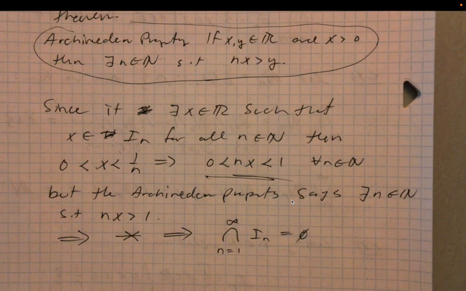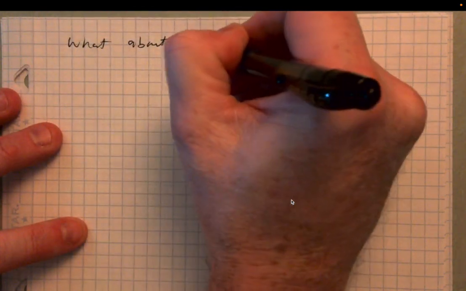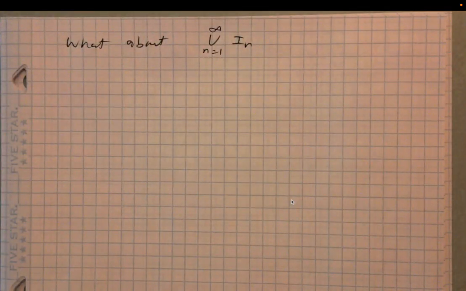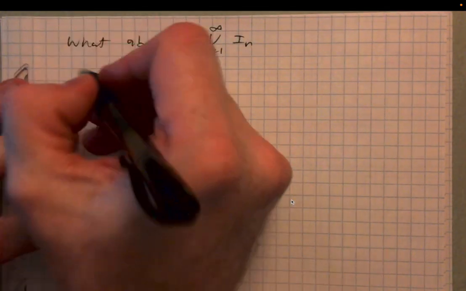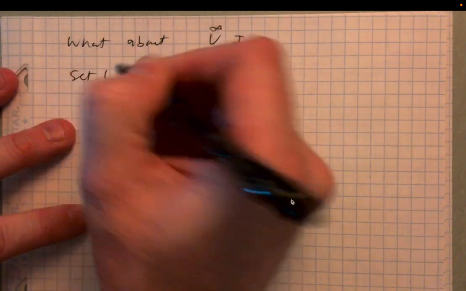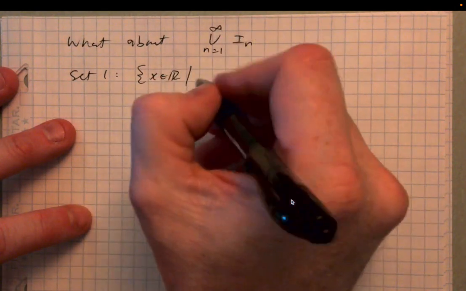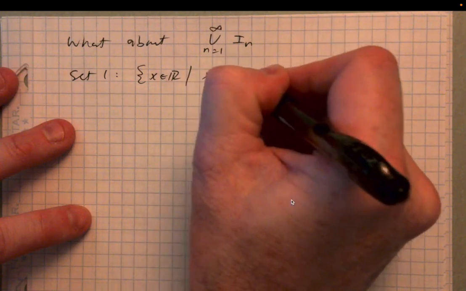Okay, that's the intersection. All right, what about the union? The union's somewhat easier to see. What about the union, n equals 1 to infinity of I sub n? Well, just think about what all of those sets are. You've got the first set, all of the x in R such that x is in 0 to 1.